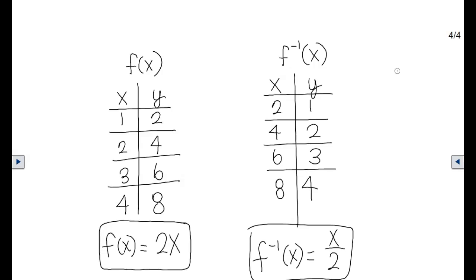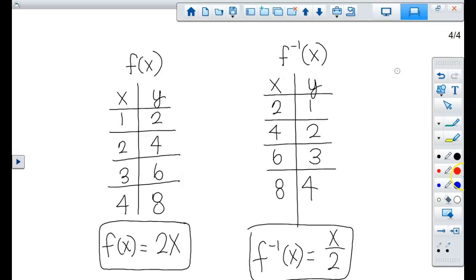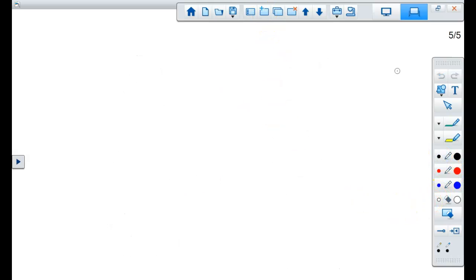So if the original function is adding, the inverse should subtract. If the original function is multiplying, the inverse should divide. But always when you're thinking of inverses, keep this concept in mind, that an inverse is going to reverse input-output pairs. It's going to switch the x's and the y's.